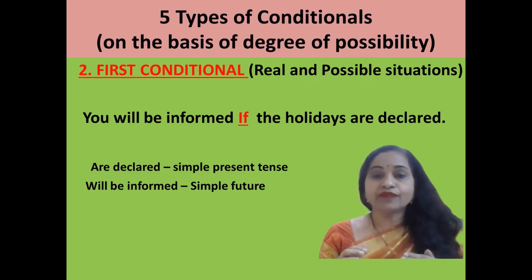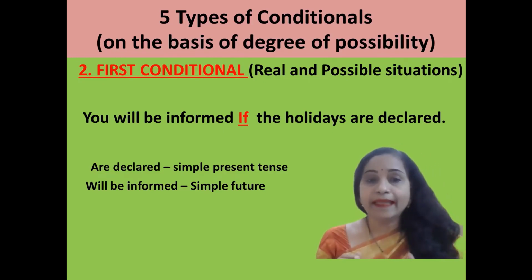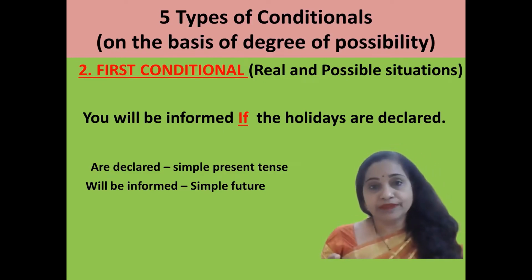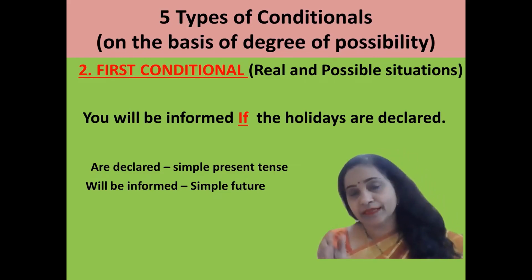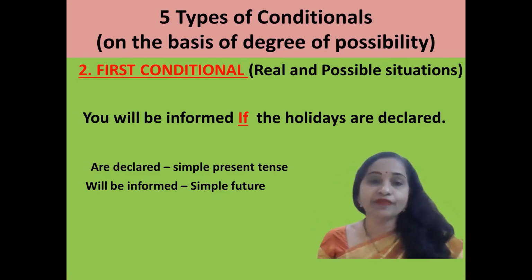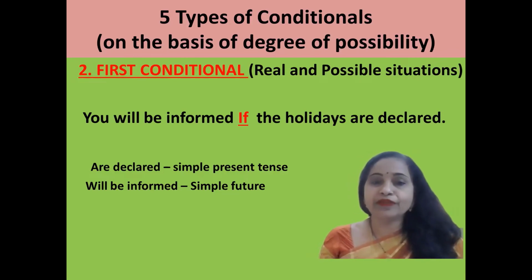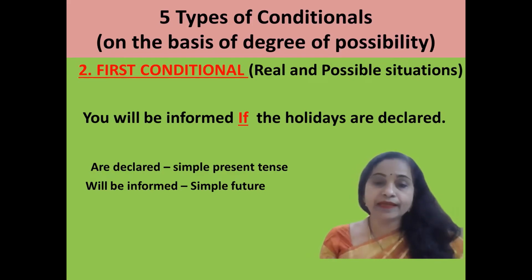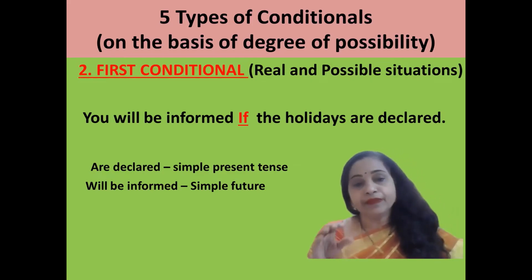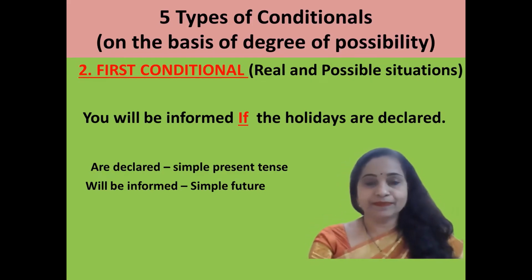So in these types of conditionals, we have to remember that in real and possible situations, the if clause will take the present tense and the main clause will take the future tense. This is the combination for this kind of conditionals. You will be informed if the holidays are declared. So you must be in a position to understand the if clause and the main clause.